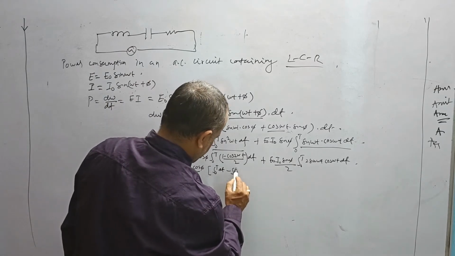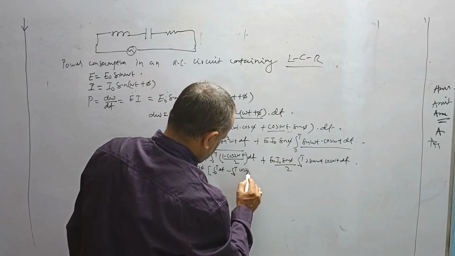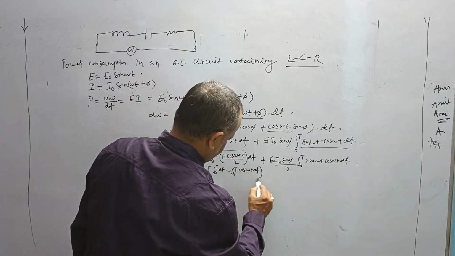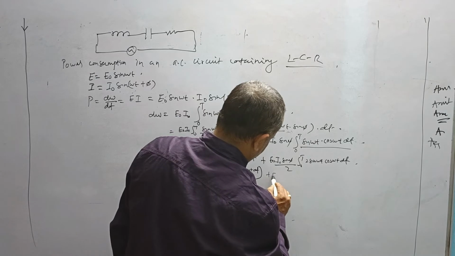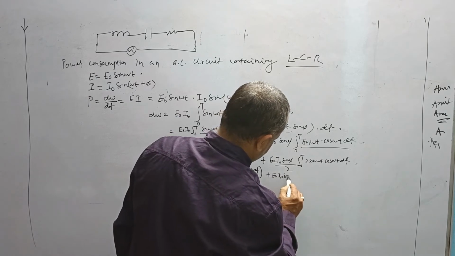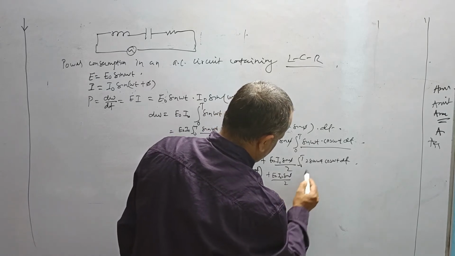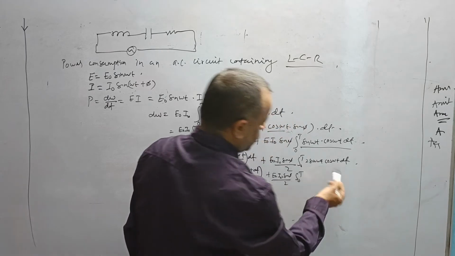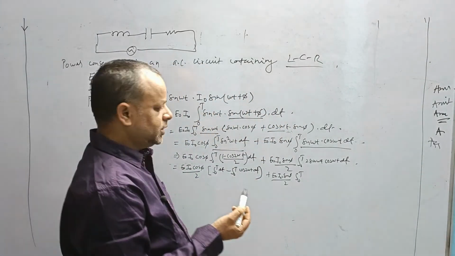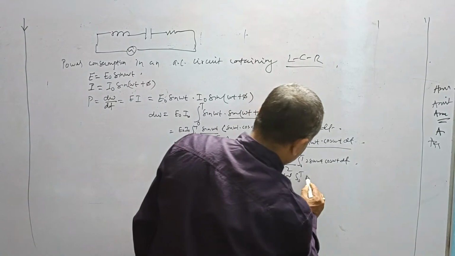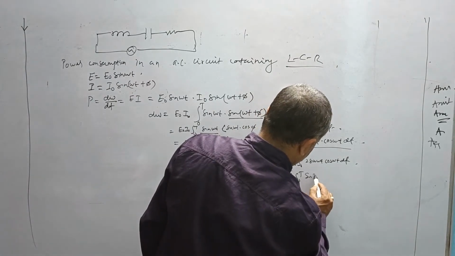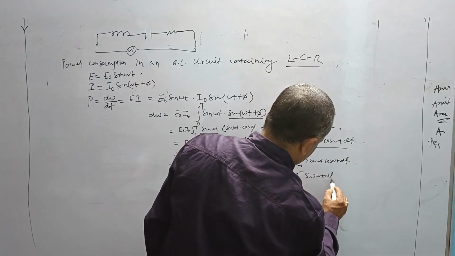We need to integrate 0 to t, cos 2 omega t delta t. Then we have E naught I naught sin phi upon 2. 2 sin omega t cos omega t can be written as sin 2 omega t. This is sin 2 omega t delta t.